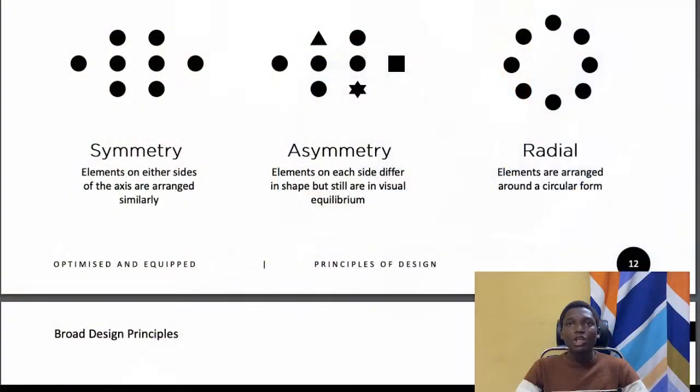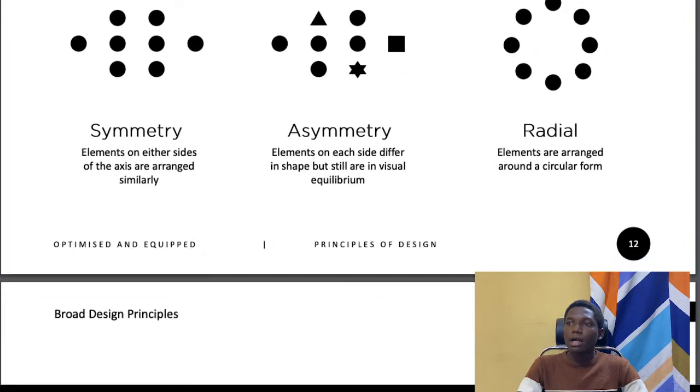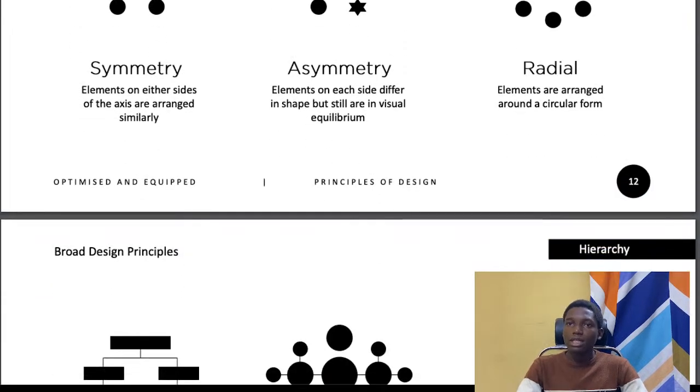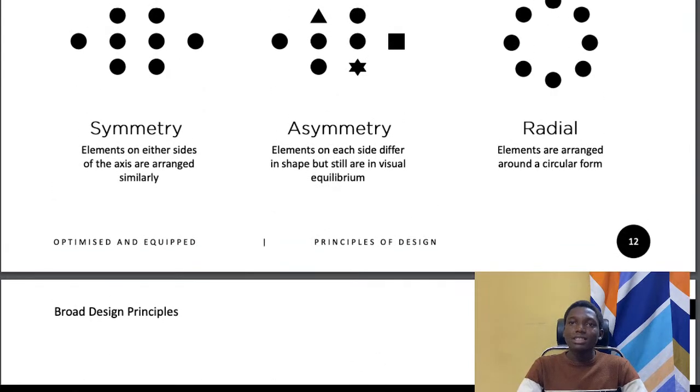There must be a balance in the kind of design that will come from a radial concept. So if you are designing with a radial concept, you must understand that you need to design this in a way that will incorporate the overall radial concept.